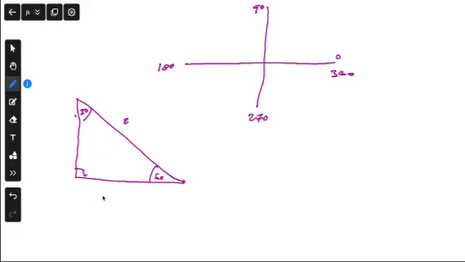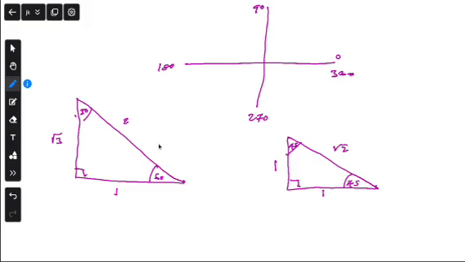This one is going to be 2, this one is going to be 1, and this one is going to be root of 3. Then the second special triangle is going to look something like this. This is 90, this is 45, and again this is going to be 45. So here you're going to have root of 2, this is going to be 1, and this one is going to be 1.